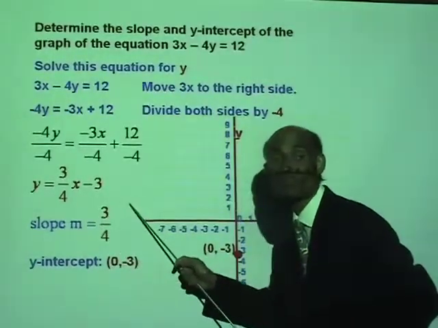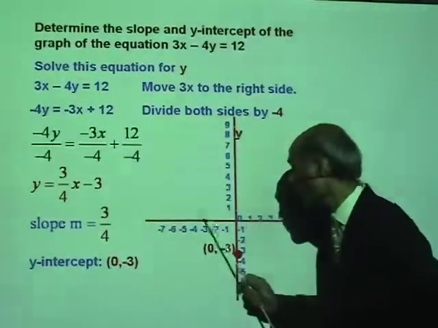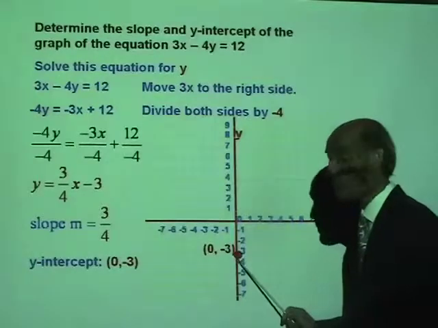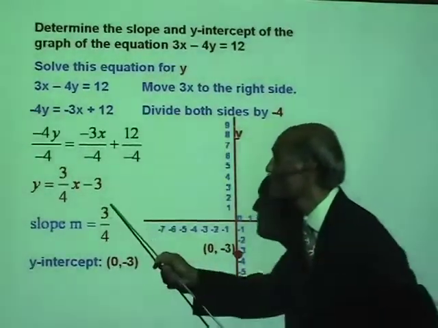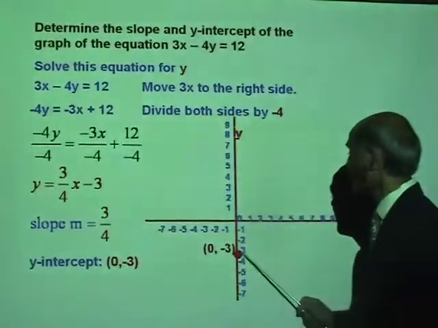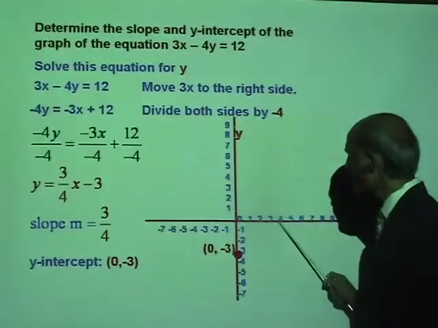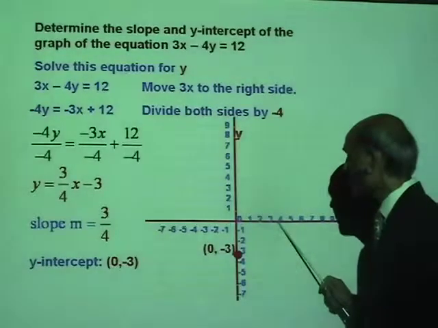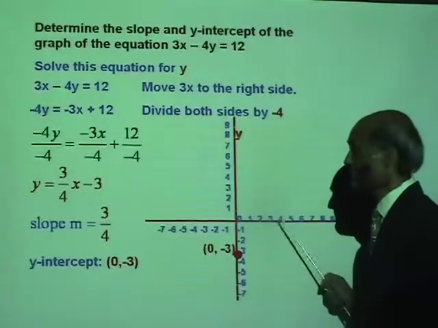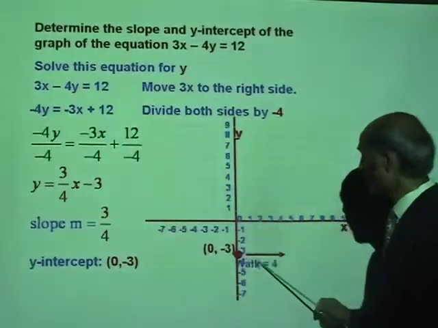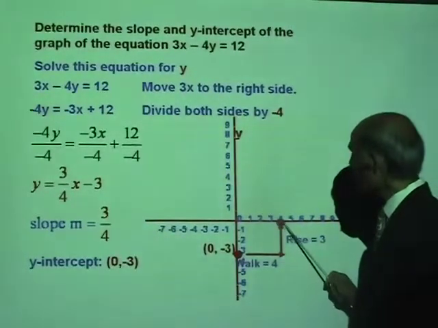The slope is rise divided by the walk. So if you walk 4 units from here, from the y-intercept, 1, 2, 3, 4, and then rise 3 units, you come here. Well, this will be a point on that line.